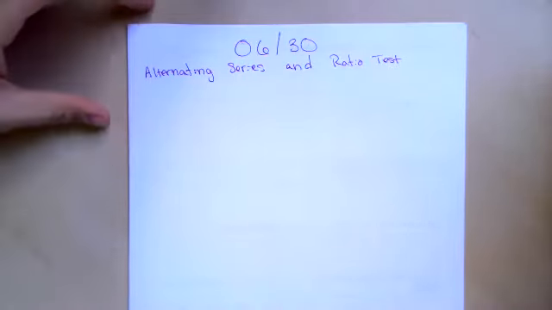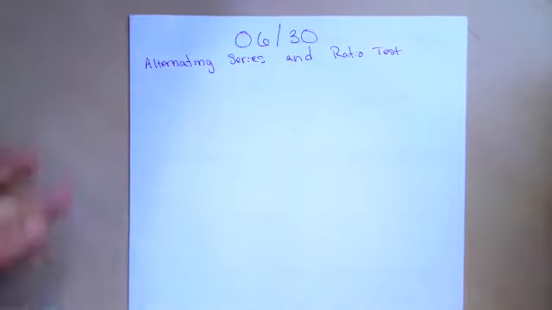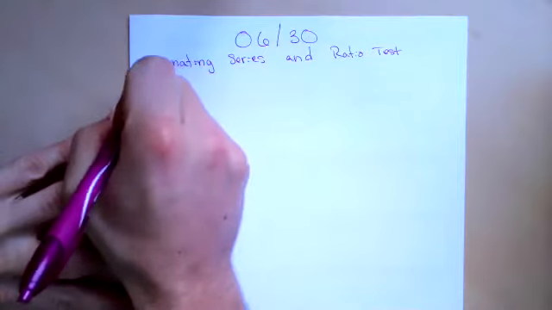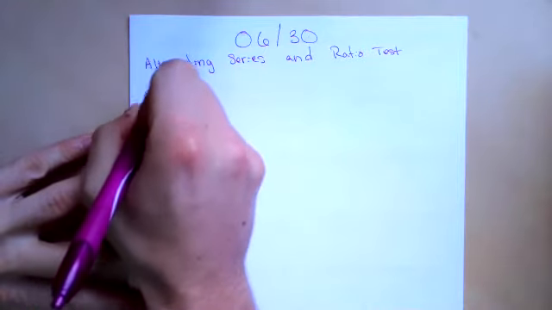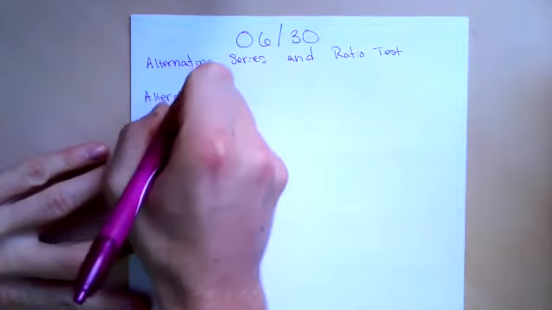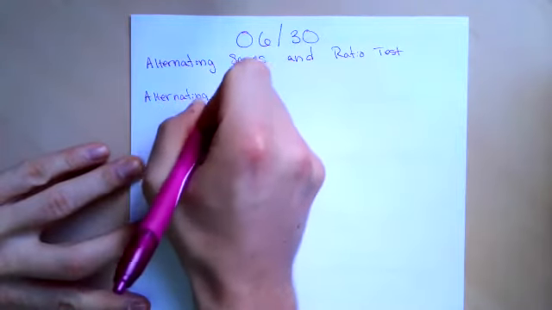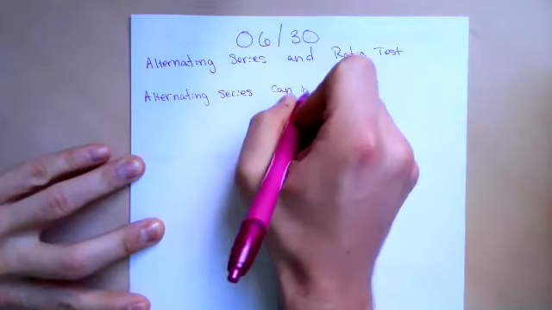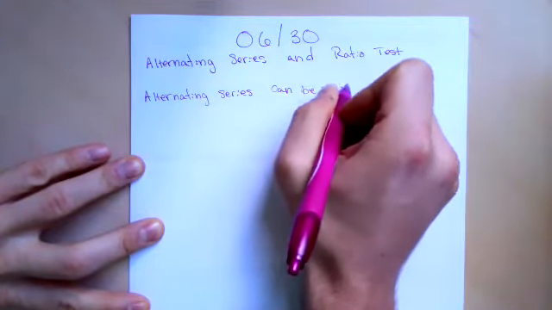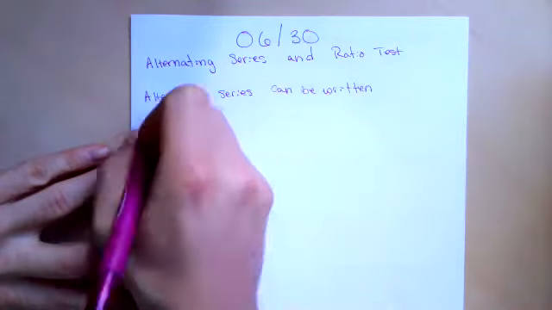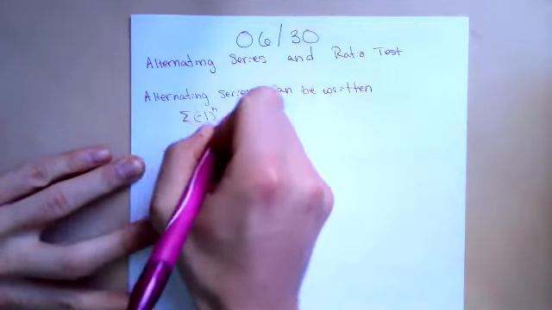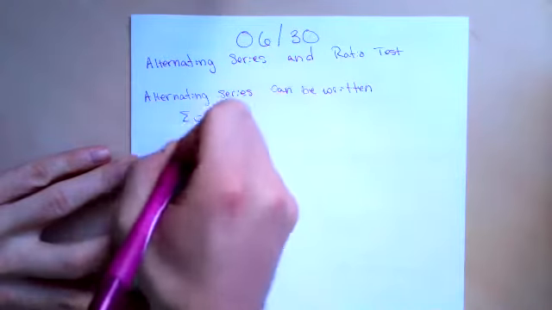And so today we've got alternating series and the ratio test. So an alternating series is simply of the form some sort of minus 1 to the n times another sequence.